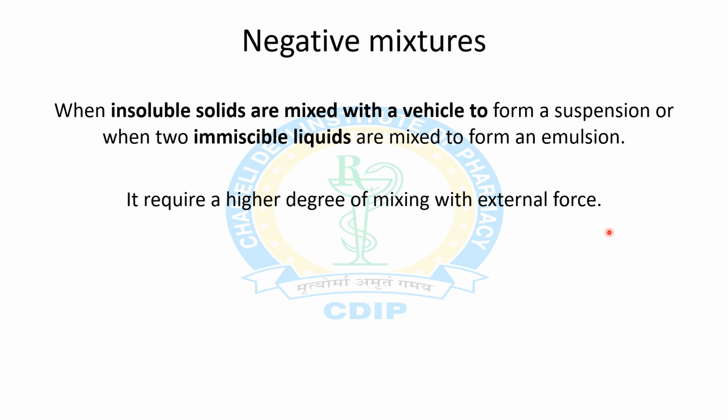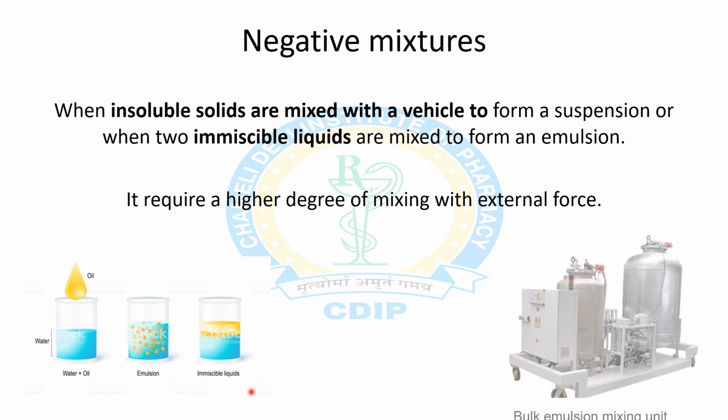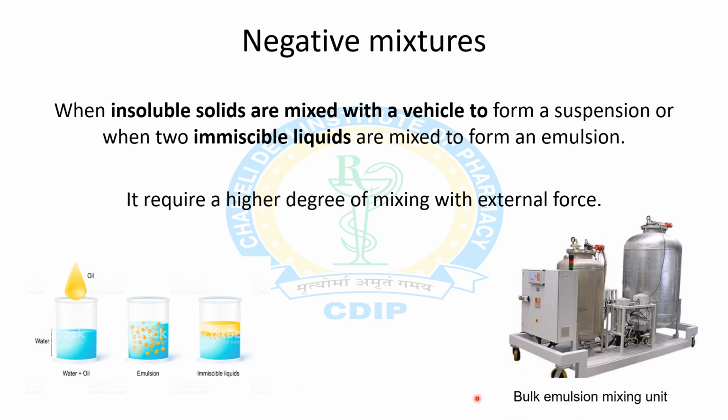So to form a negative mixture, external force is required. For example, when water and oil are mixed together, then it will form an emulsion, and both are immiscible liquids. So for the emulsion or suspension, in the industry, bulk emulsion mixing units are used for negative mixtures, that is emulsion or suspension.